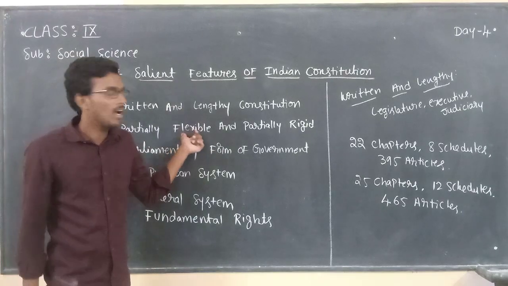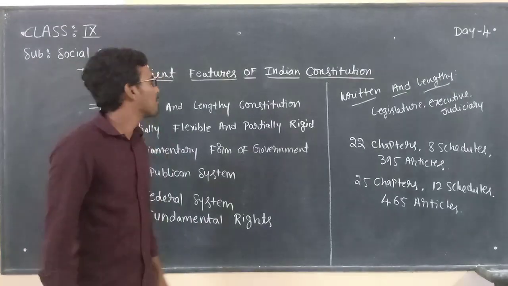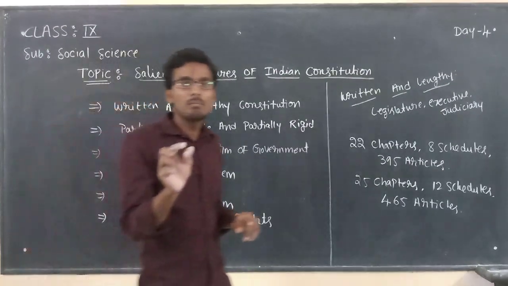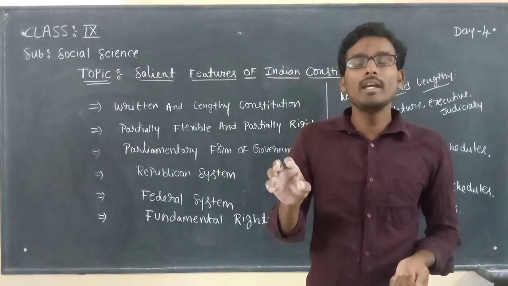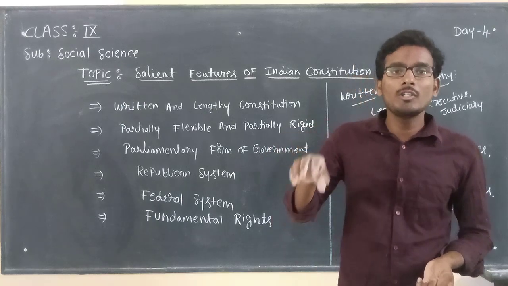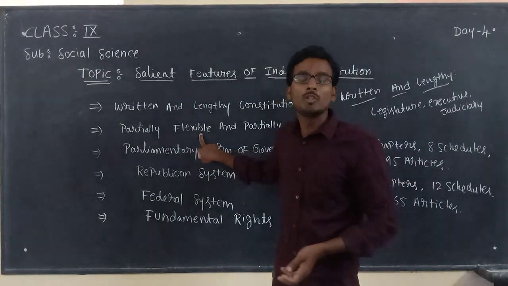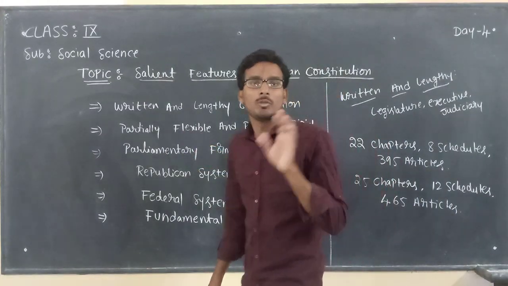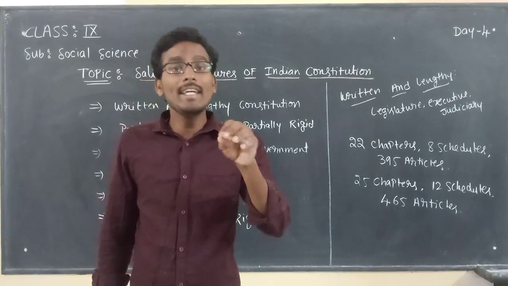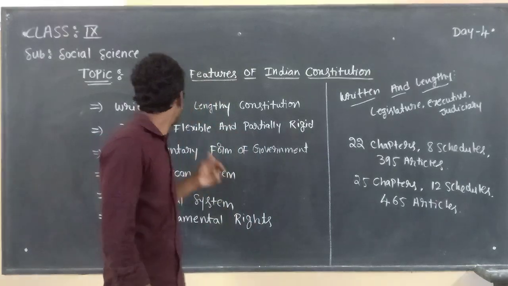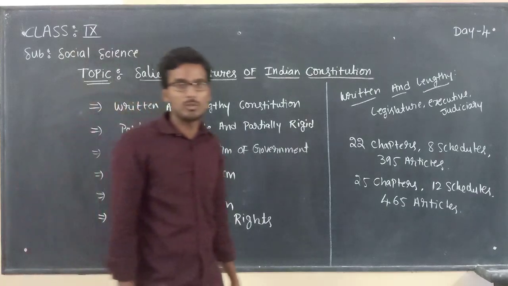The second one: our constitution is partially flexible and partially rigid. What is partially flexible? If the amendment of the constitution is easy, then that is known as a flexible constitution or simple constitution.